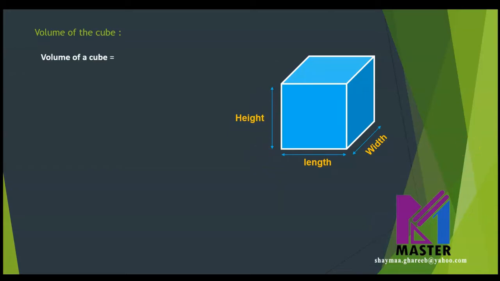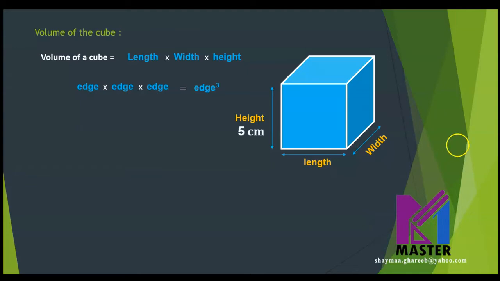So we can say that the volume of the cube equals length times width times height, exactly as the cuboid. But in the cube, all of these lengths are equal, so we can say edge times edge times edge, because all the edges of the cube are equal in length. We can also say edge to the power of 3 or edge cubed.